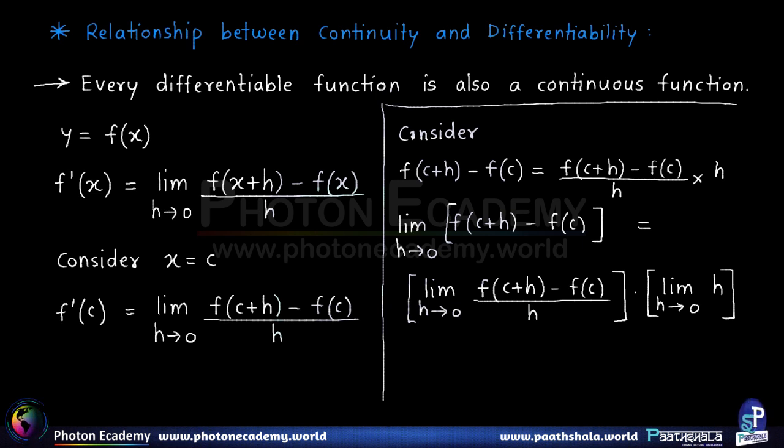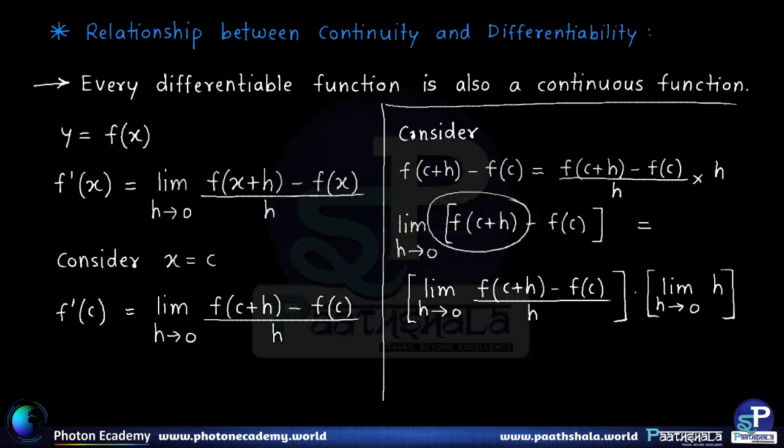Now if you look at the left hand side, when we take the limit of f of c plus h as h tends to 0, that means we are basically taking the limit of the function f of x as x is coming closer to the value c, because in other words the difference between x and c, which is nothing but h, is tending to 0.